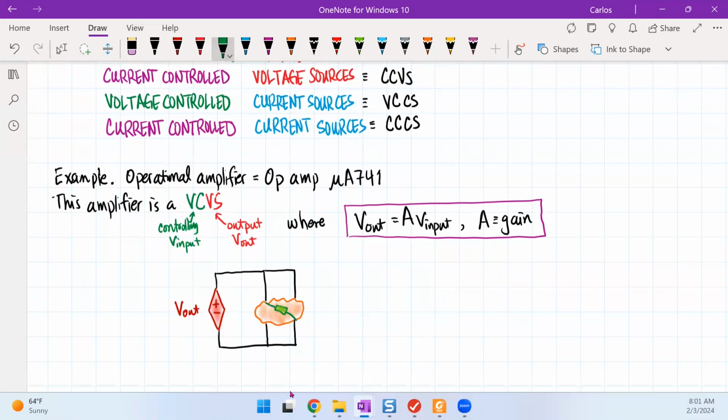And this element here is going to have a voltage drop, which is what we'll call V in, the V input. So what you're seeing here is that the voltage that we're grabbing here is from somewhere else in the circuit. This is the controlling voltage. So we have to wire this guy somehow back into the circuit, or into the source, excuse me. And then this guy here is our dependent voltage source.